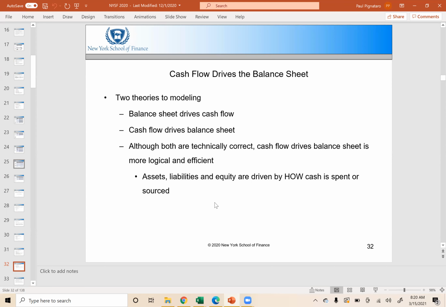If you use those cash flows to drive the balance sheet, you're taking every single cash line item and asking yourself, how does this cash flow impact an asset, a liability, or a shareholder's equity? It is a lot more accurate. So if you have a choice, it is a lot more accurate to use the method of having the cash flow drive the balance sheet. And that's why in a big company where you have all three statements and you have a choice, I'm going to go with the cash flow drives the balance sheet method.